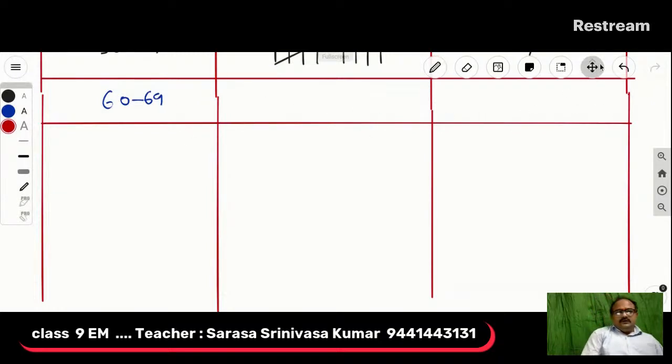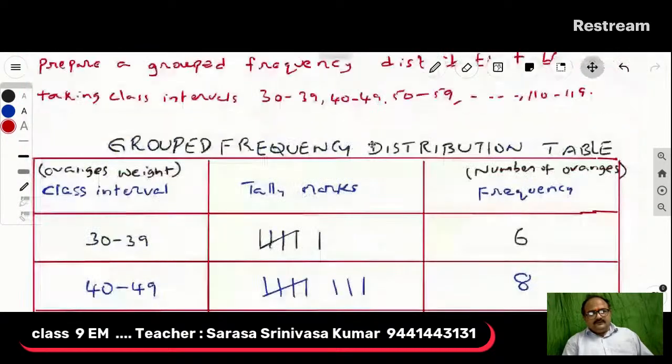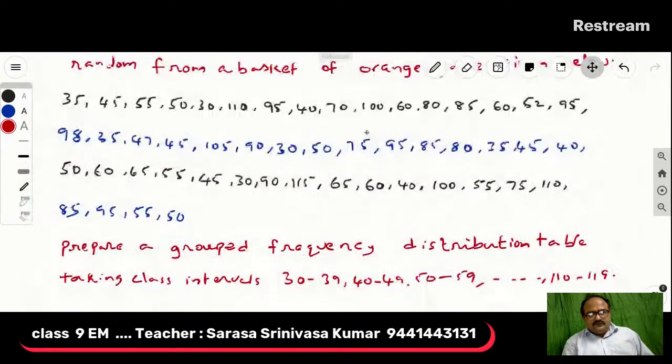Now let us count how many oranges are there in this class interval 60 to 69.